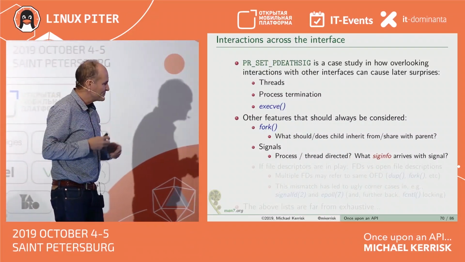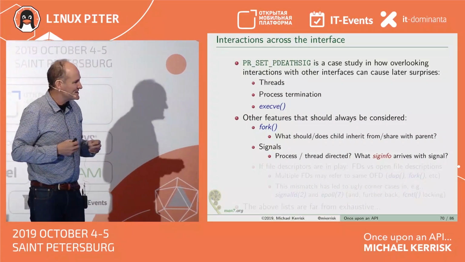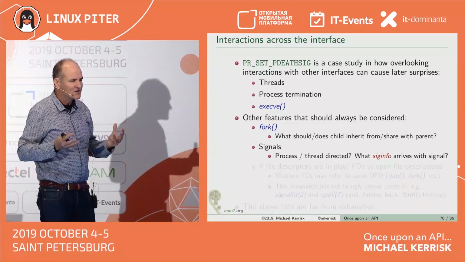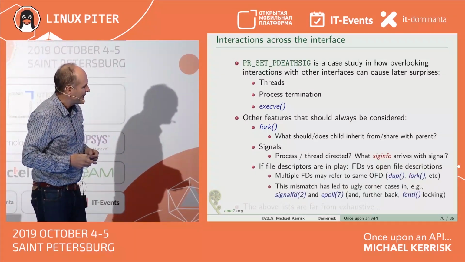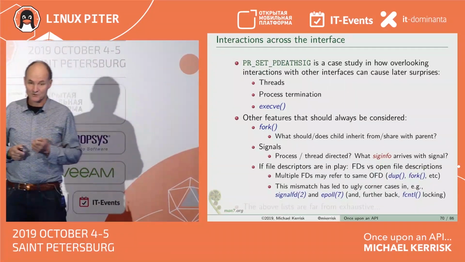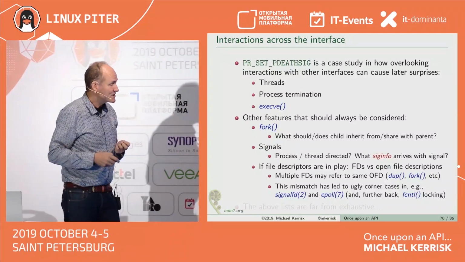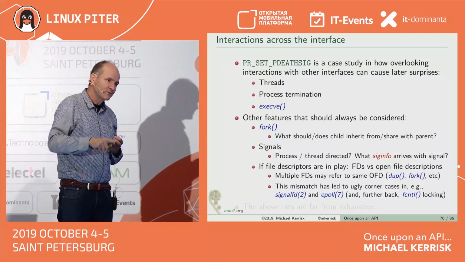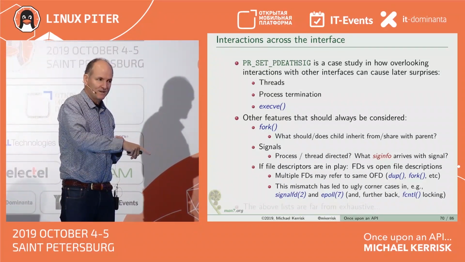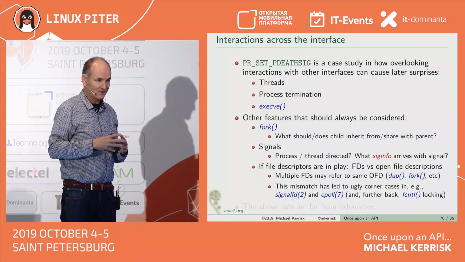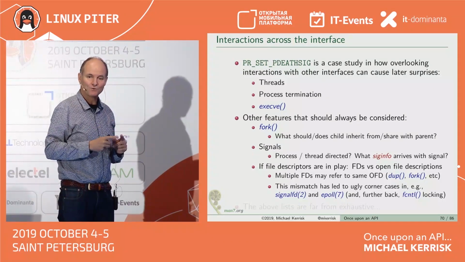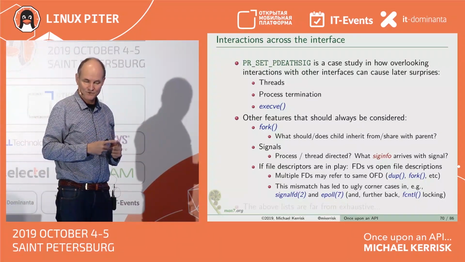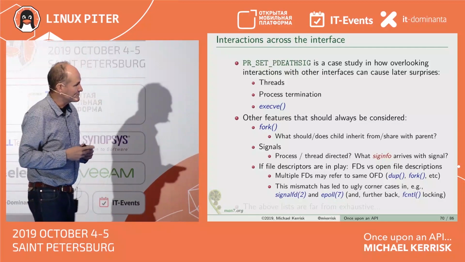Signals. When there's signals in play, are the signals process-directed, thread-directed? What information comes with the signals? If file descriptors are in play, then there's the question, a file descriptor refers to an open file description. And you can have multiple file descriptors in the same process or in different processes that refer to the same open file description.